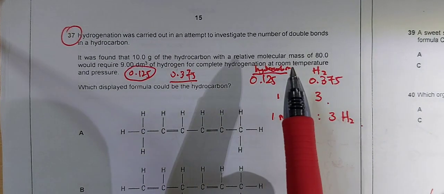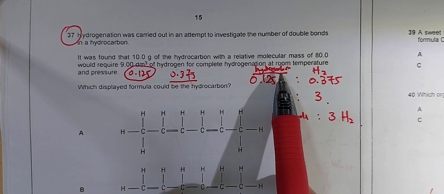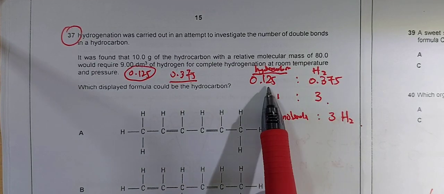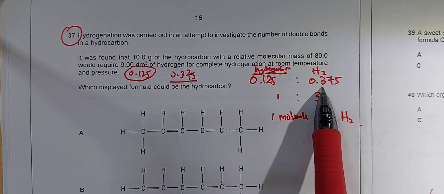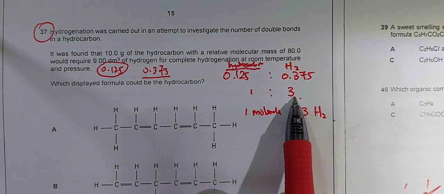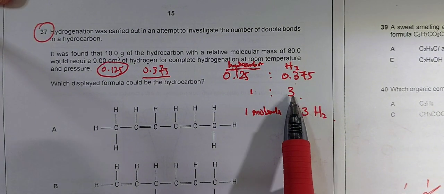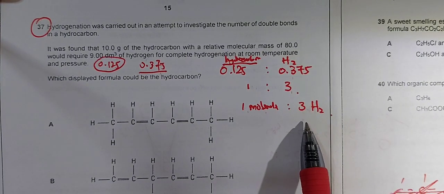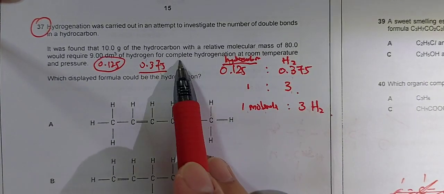So at this point, we know the mole ratio of the hydrocarbon to hydrogen is 0.125 to 0.375, which is 1:3. So 1 mole of the hydrocarbon needs 3 moles of hydrogen, which means 1 molecule of hydrocarbon requires 3 molecules of hydrogen for complete hydrogenation.